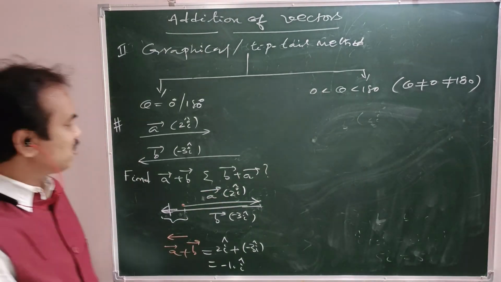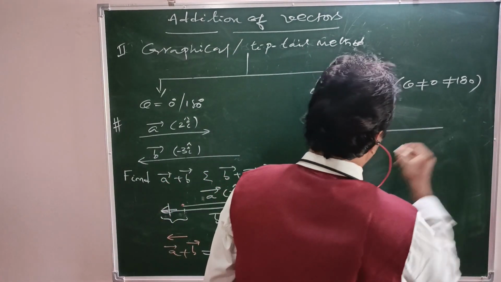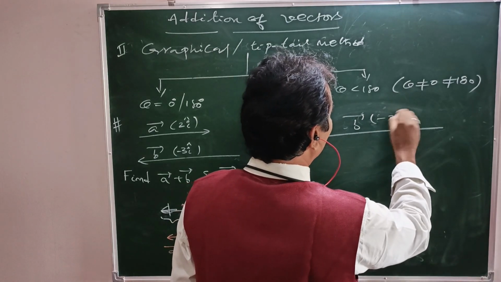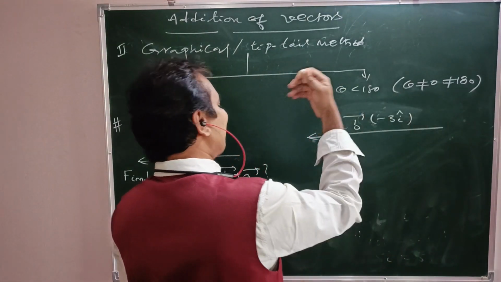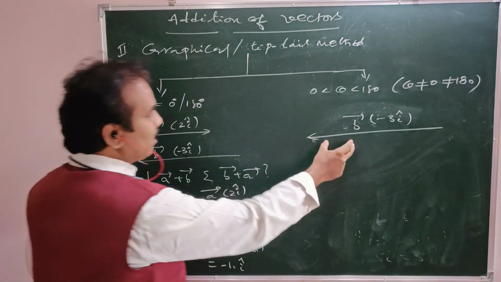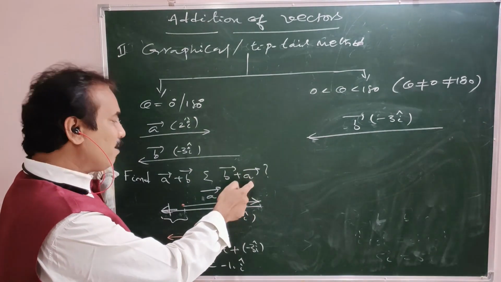Now take B bar as usual as the first vector. B bar of minus 3 I, it is on the left side. Now this is the first vector. What is the second vector? A bar. B bar plus A bar means add A bar to B bar.